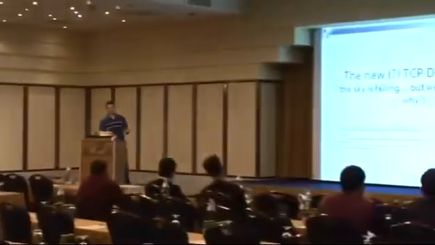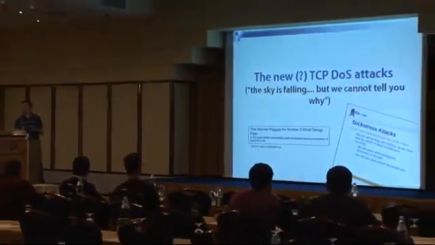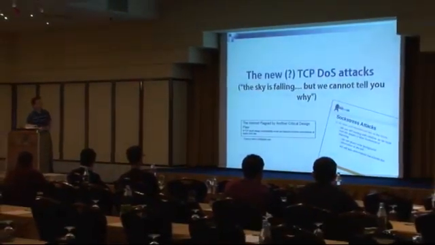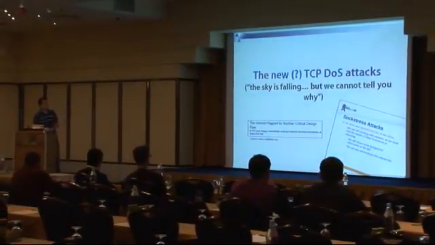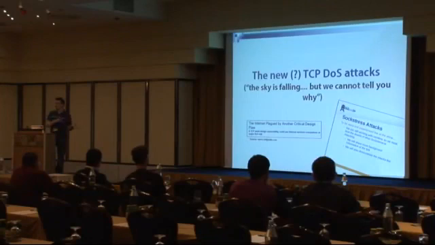So as I said before, there was a lot of information in this document. I just selected two different issues. One of them is the recent, or supposedly new, TCP denial of service attacks. One of the reasons for which I selected this particular topic is because information on this topic has been scarce, and for the last couple of years there has been a lot of speculation about what these vulnerabilities were about.